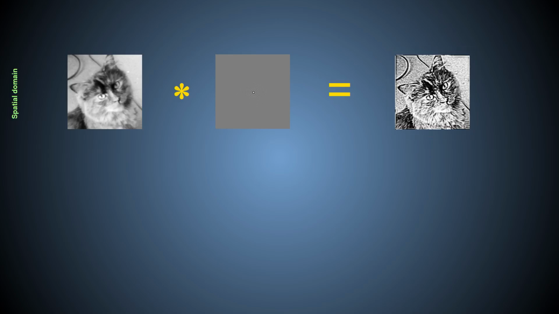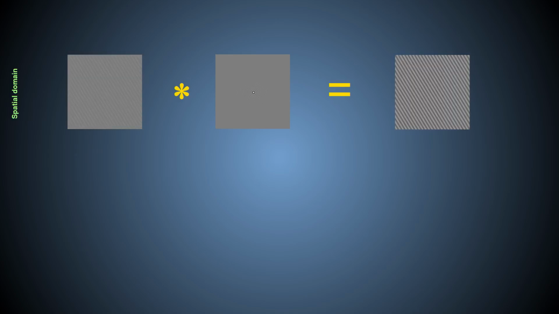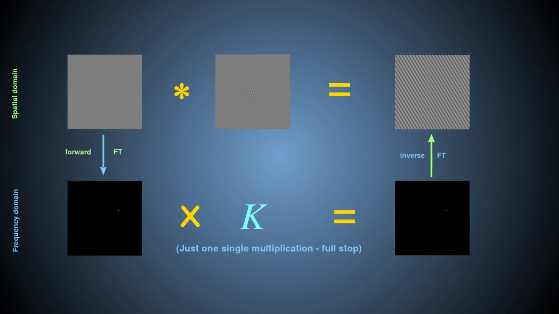No surprise there. But again, if we convolve a pure sinusoid by the same PSF, we just get the same sinusoid, only this time the amplitude is increased. So again, we could have got this same result with just a single multiplication operation in the Fourier domain. No need for all that spatial domain convolution hard work stuff.